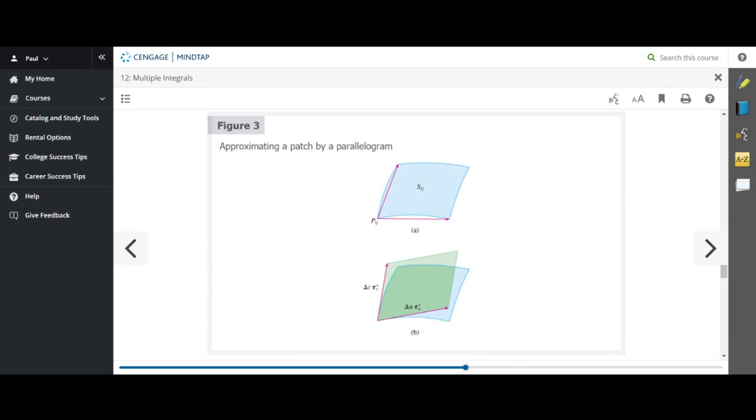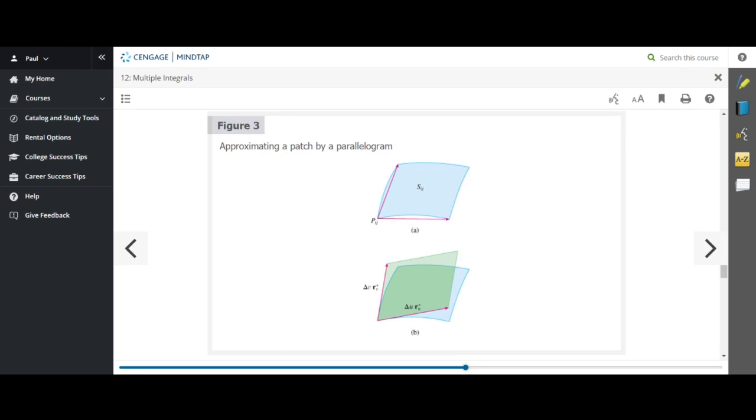But if you were to look at the bottom corner of the patch, and you could draw vectors, like in figure 3A there, that go along the side of the patch. Now, if you were to take those vectors and scale them by delta U and delta V, as they do in figure 3B, the area of the patch starts getting well approximated by the area of the parallelogram. Essentially, that parallelogram in figure 3B approximates the corner of the patch very well.